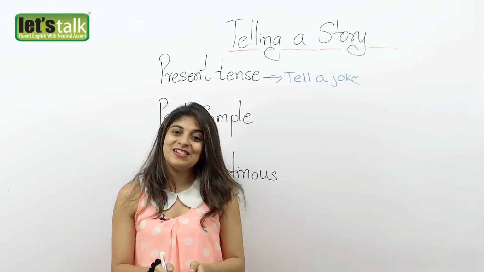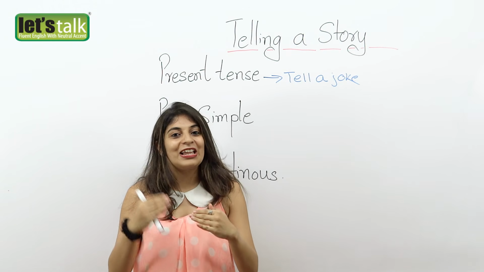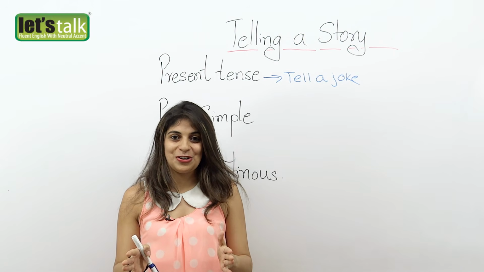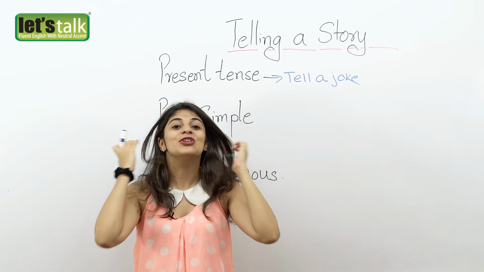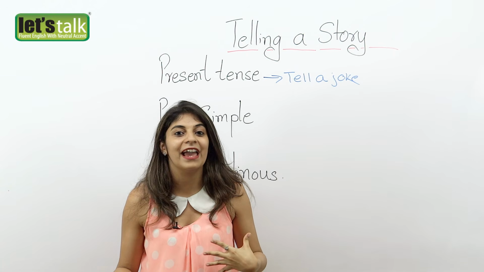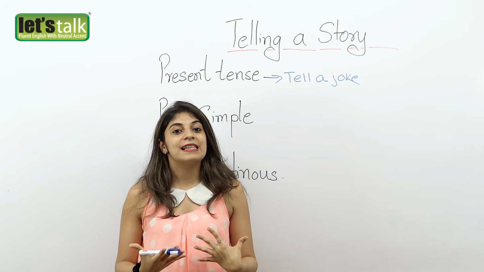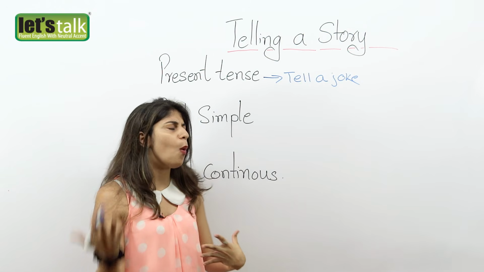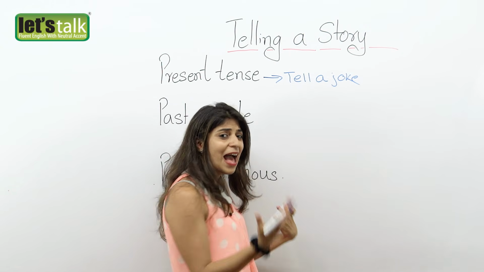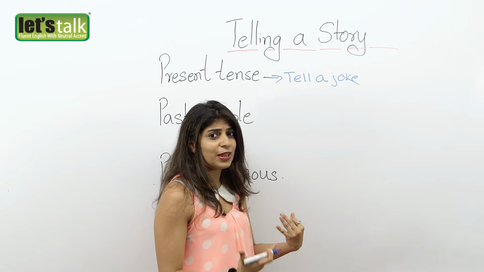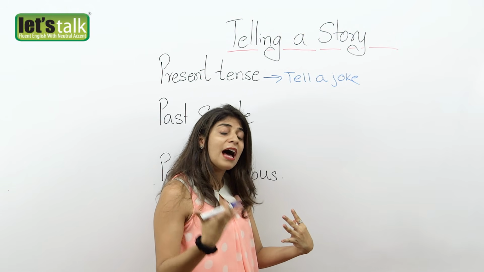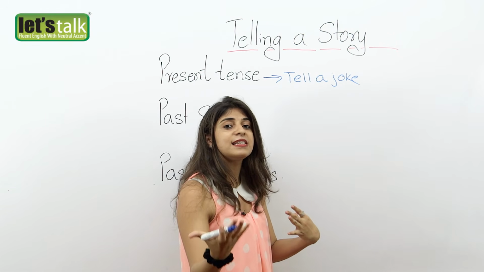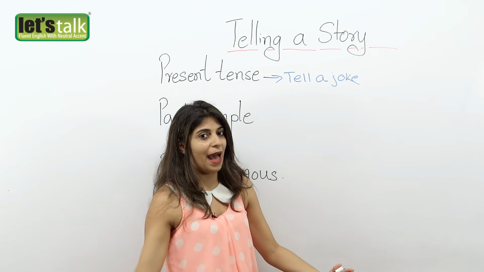Do remember that you're telling a story and not giving a lecture, so it's important for you to use some good words. Use words such as it was amazing, or wonderful, fantastic, fabulous. Use some nice words rather than just saying it was nice or it was bad.